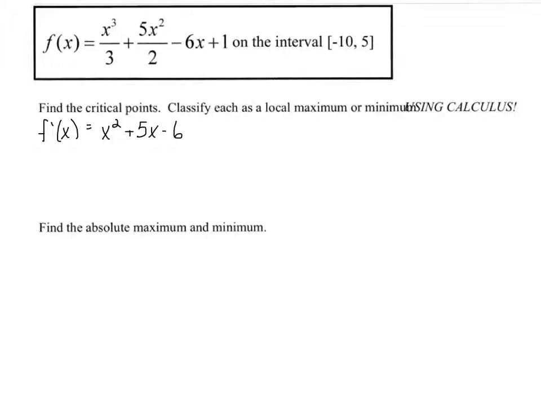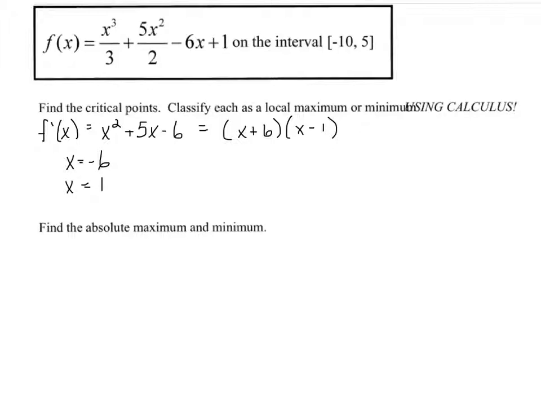Well, since we're going to need the critical points, I think it will be easiest to factor this. Okay? And you think, well, where is that 0? At negative 6 and positive 1. These are our critical points.